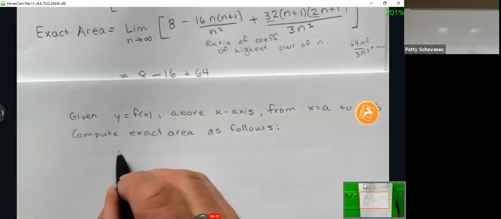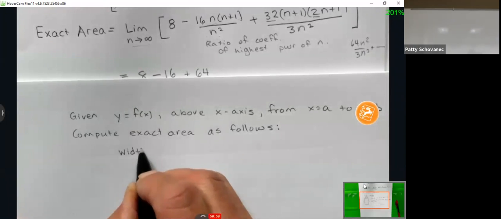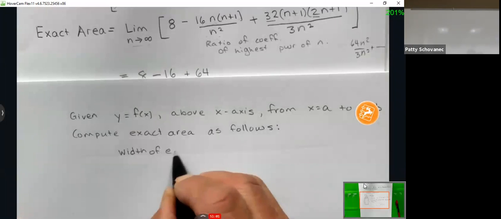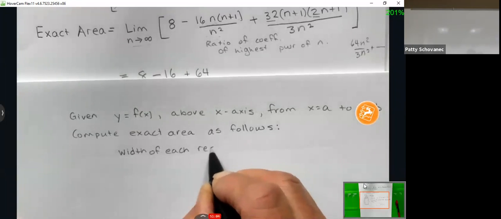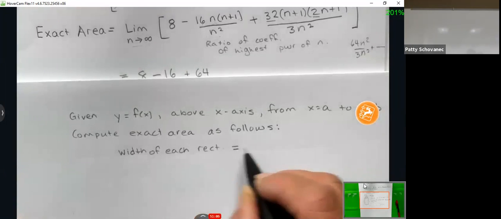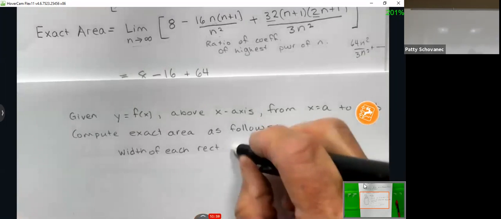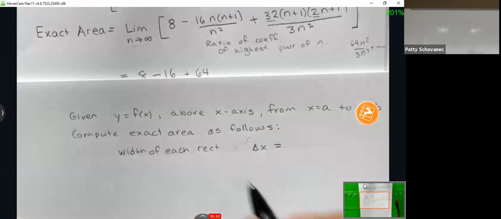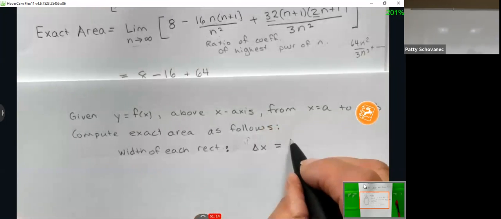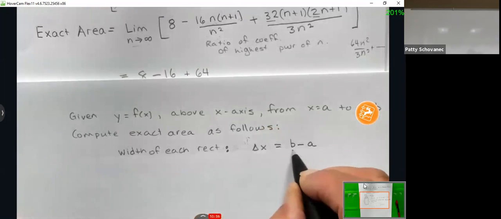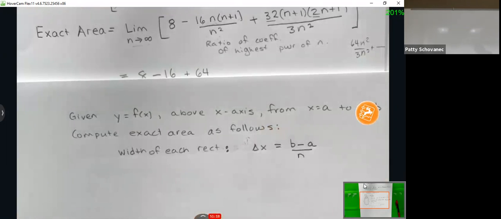We first get the width of each rectangle, delta x. Let's not use an equal to, let's use a colon. And that's b minus a divided by n.